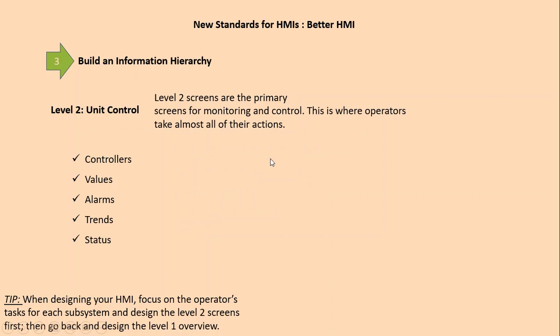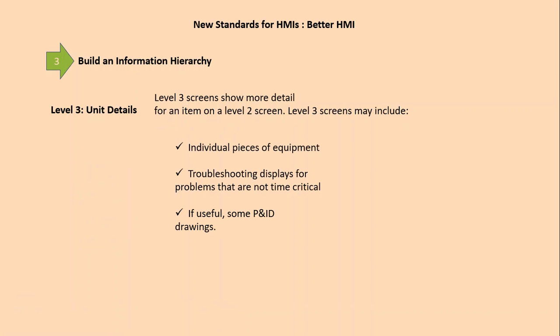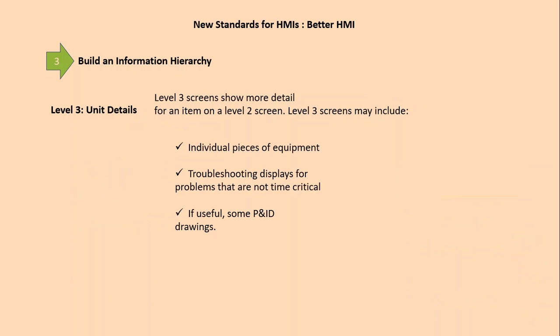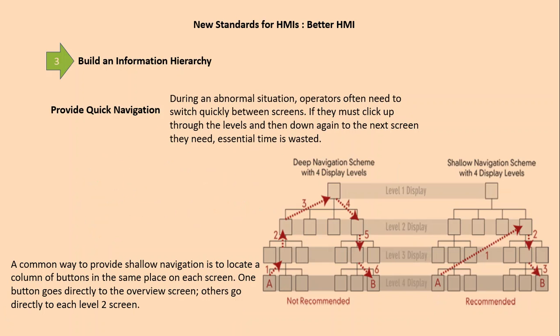If level 2 has a group of pumps, level 3 should be one individual pump of that group. And at level 4 you can include helpful guidelines, instrument manuals, operating procedures, or alarm documentation. So these are the 4 major levels, I would say, that should be done in HMI graphical user interface design.